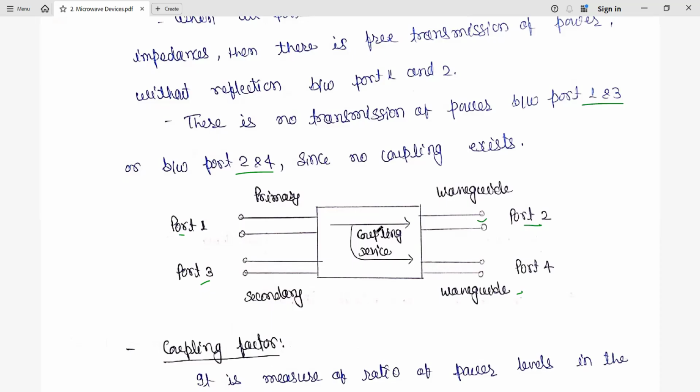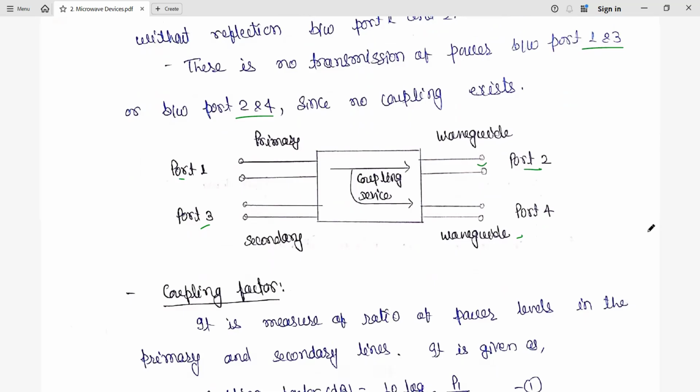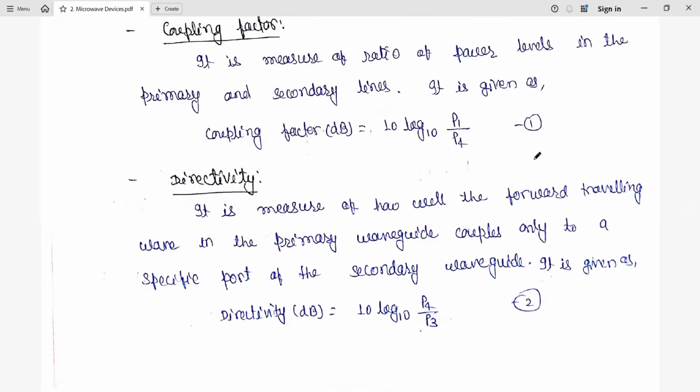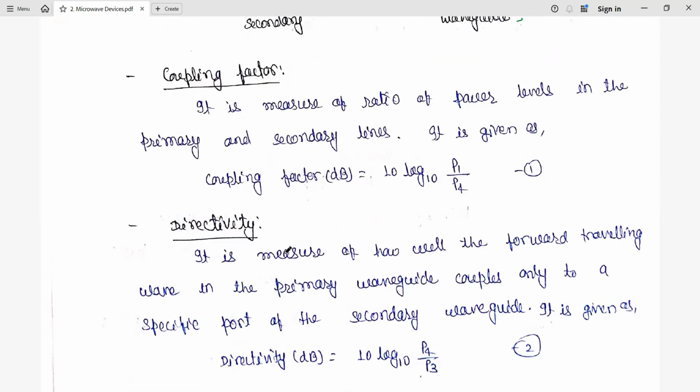This is the coupling from the primary waveguide to the secondary waveguide. It can only go through port 4, not port 3. Similarly, if you apply the reverse of this, again there will be no transmission between port 2 and port 4.